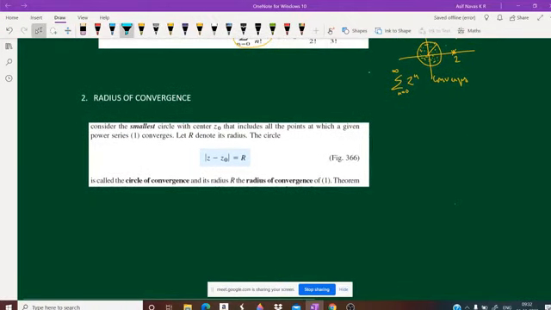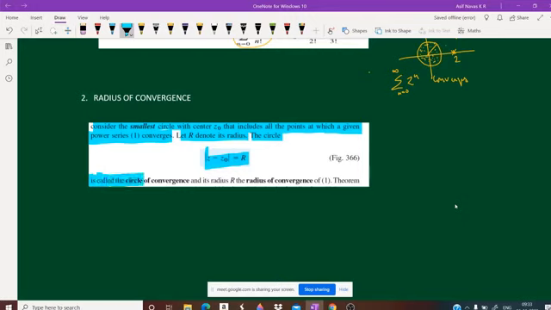The definition is: consider the smallest circle with the center z0 that includes all points at which a given power series converges, and let R denote its radius. The circle mod z minus z naught equal to R is called the circle of convergence, and capital R is called the radius of convergence.